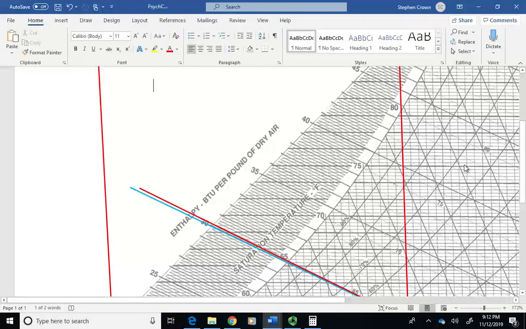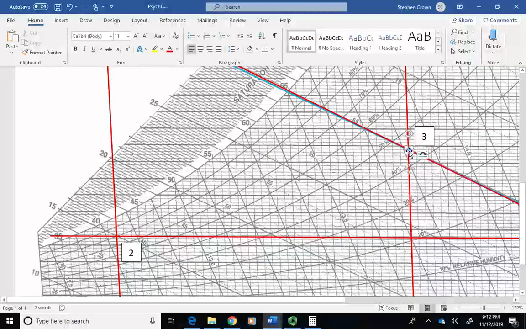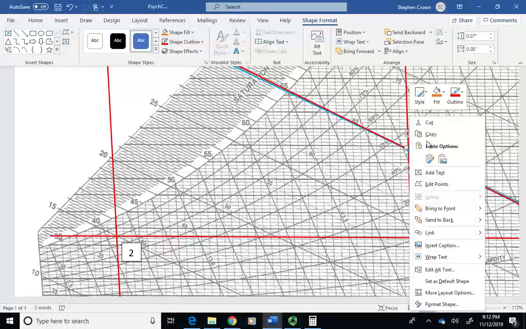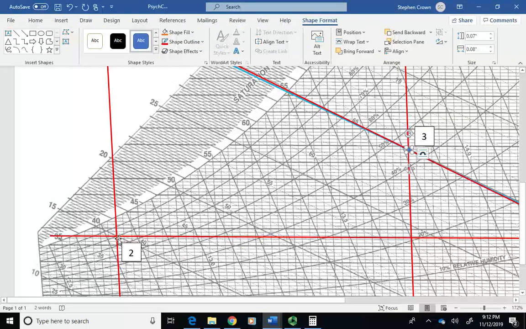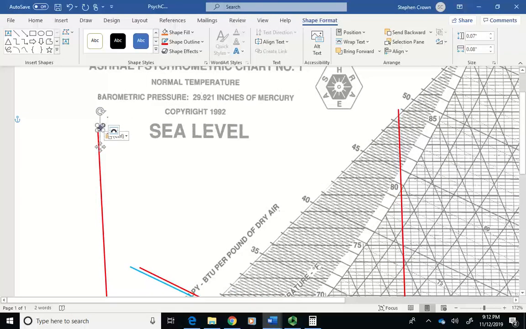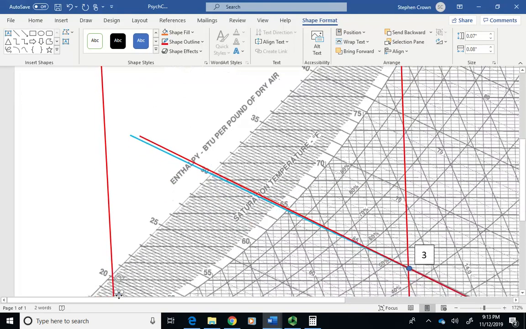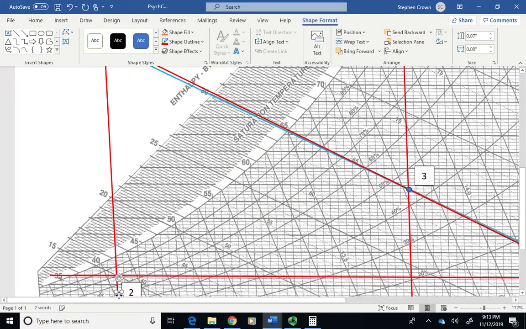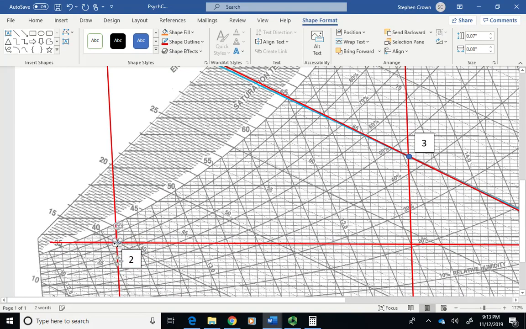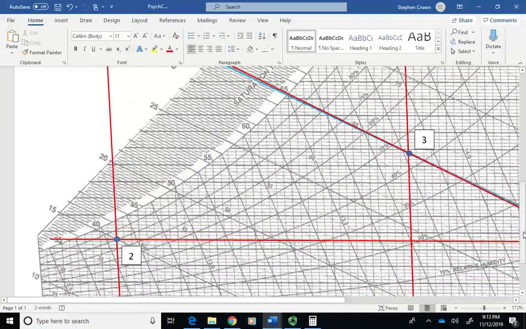And of course, the intersection. I don't need to put a dot there if I want. Maybe I can just copy this. Paste it here. A little irritating using Word to do this, but it's probably easier to follow than me doing it by hand. Okay, so that intersection is state 2, the other state 3.